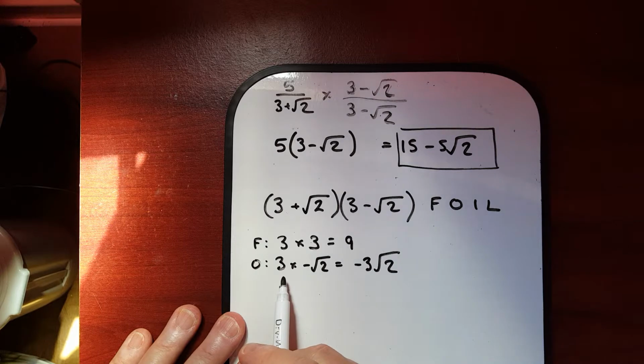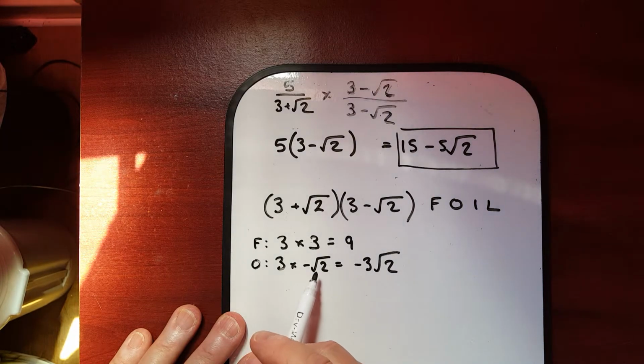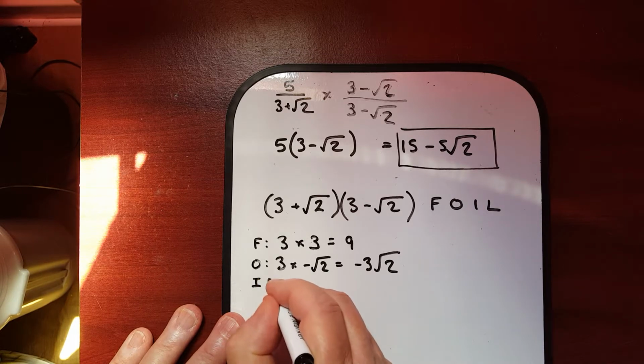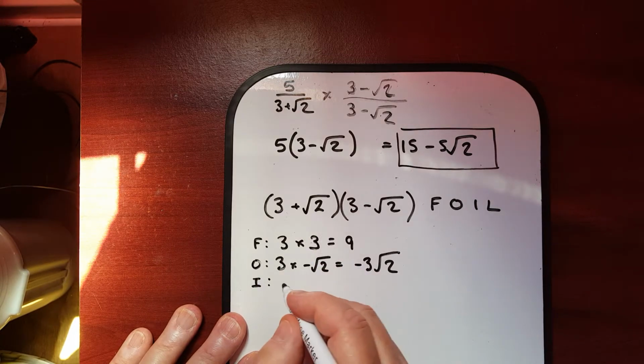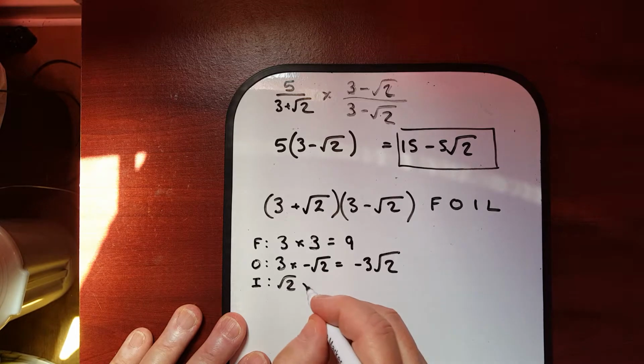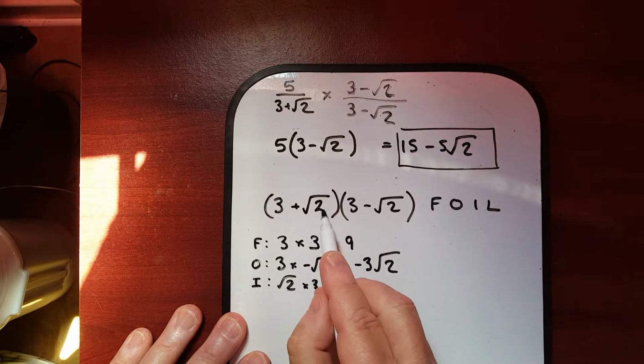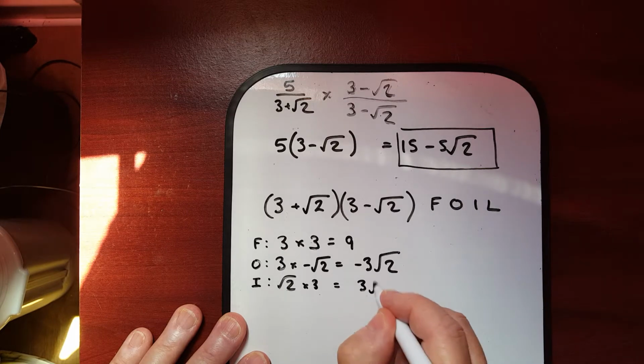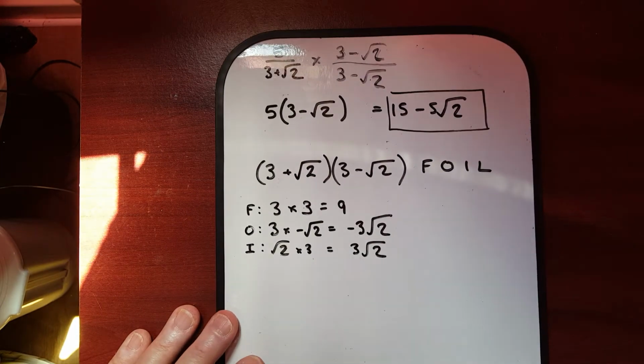That's what it says it is, isn't it? 3 lots of minus the square root of 2. So that's nice and straightforward. The inside ones are going to be the square root of 2 times 3. So those two there. The square root of 2 times 3 is going to be 3 lots of the square root of 2.